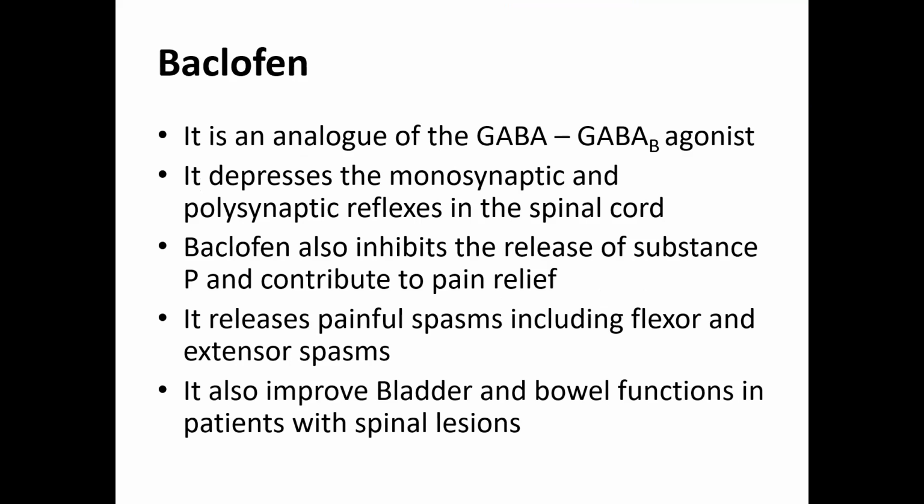And baclofen is an analog of GABA. It acts as a GABA B agonist. It depresses both monosynaptic and polysynaptic reflexes in the spinal cord. Baclofen also inhibits the release of substance P. Substance P is responsible for pain, and it is released by the inflammatory cells. So baclofen inhibits the release of substance P and contributes to pain relief.